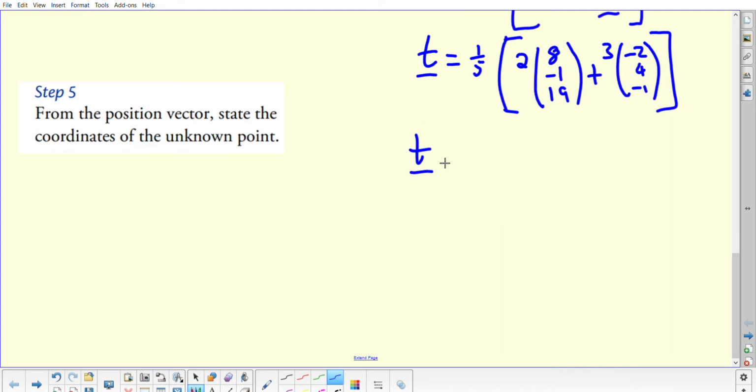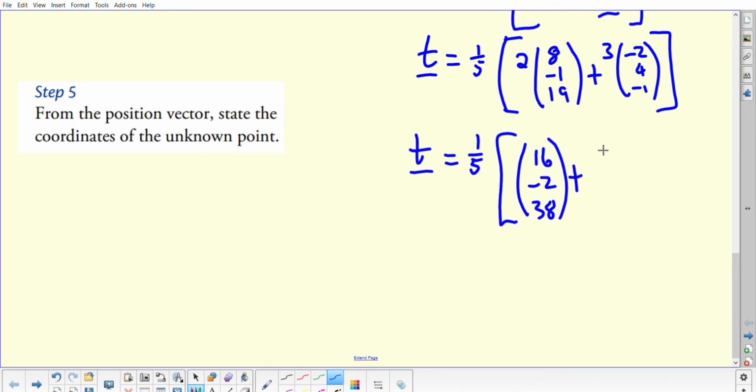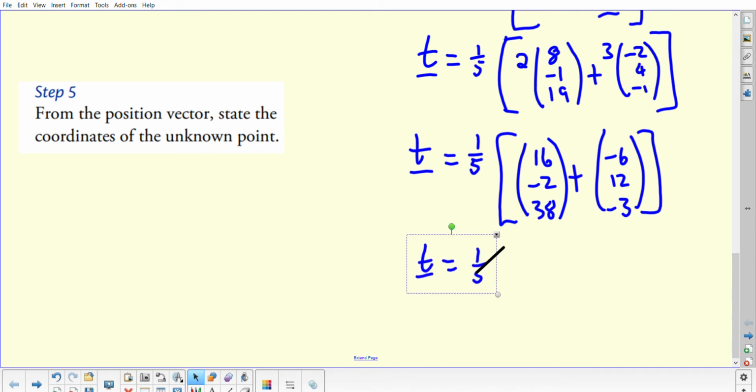That's going to give me T equals 1/5 of, and I'll work each of those out: 16 minus 2, 38, plus minus 6, 12, and minus 3. That needs added together, and when you add that together you'll get a single vector.